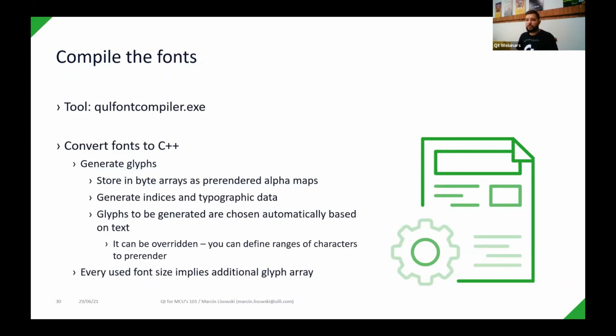QL Font Compiler is the tool responsible, as I said before, for converting the fonts to C++ byte representation. It generates the glyphs and stores them as pre-rendered alpha maps. It will also detect which glyphs are used in your application, and will generate glyphs only for those characters that are used in your app.